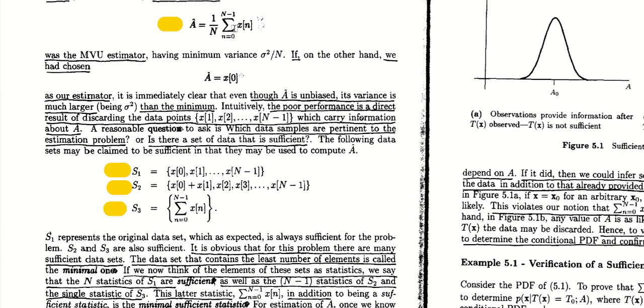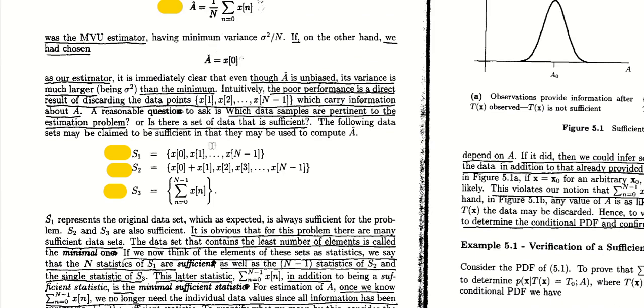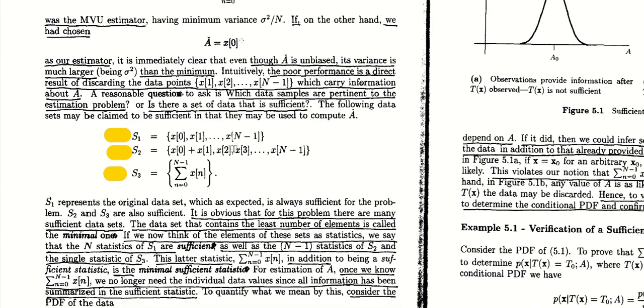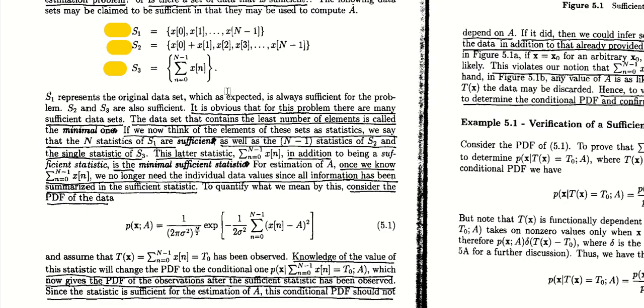S3 is sufficient because if you know it, you can still divide S3 by its set number of samples, so you still come up with the unbiased estimator. So we will say that those things are sufficient.